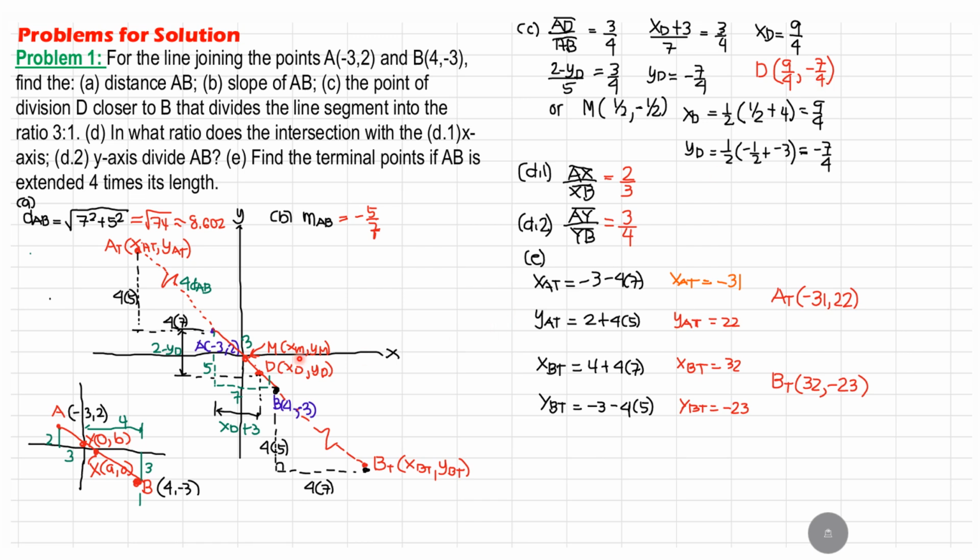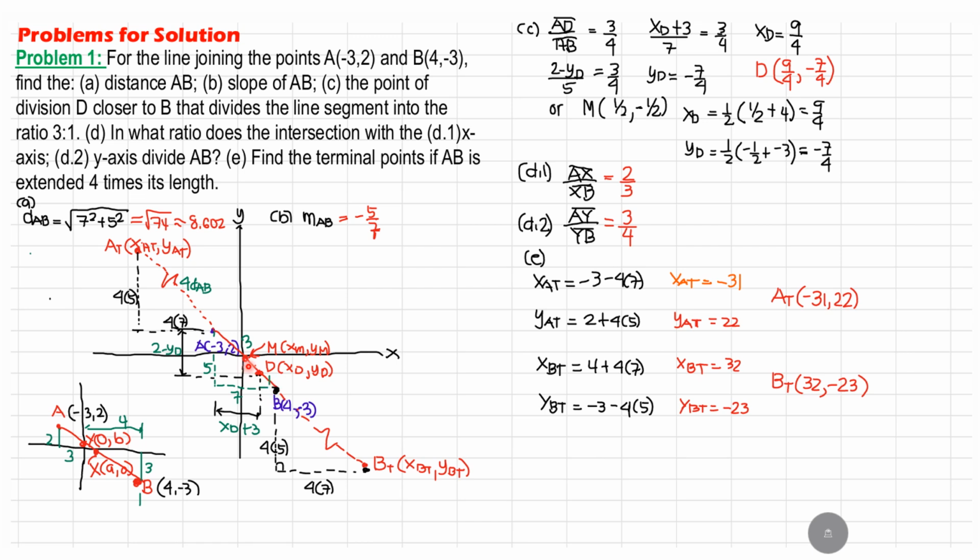Another way is, since there are 4 parts, the midpoint can be easily located. The midpoint M of line AB and point B is point D, because the midpoint divides the line segment into two equal parts. Likewise, point D will divide MB into two equal parts also.